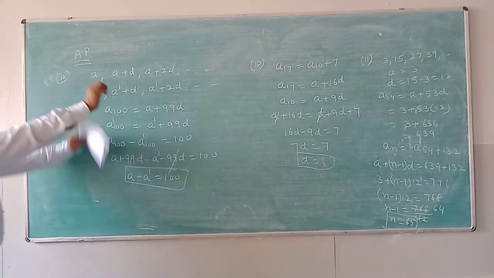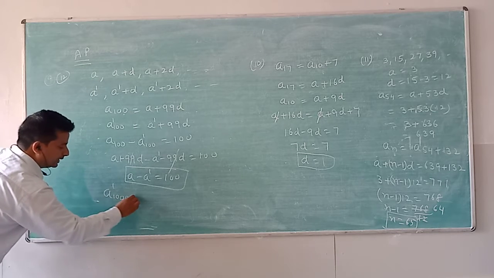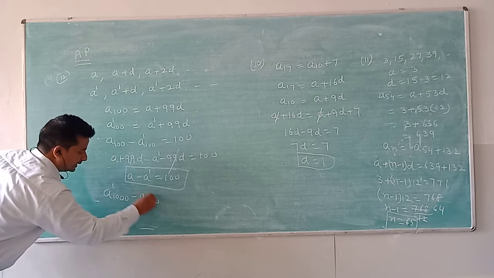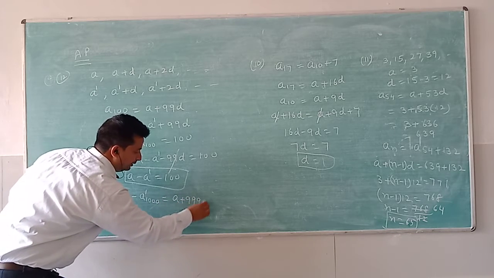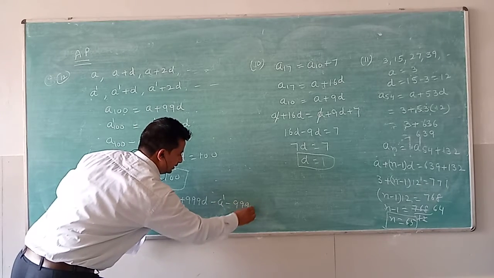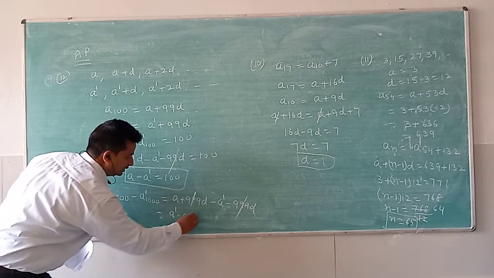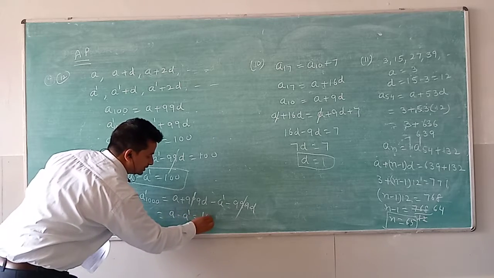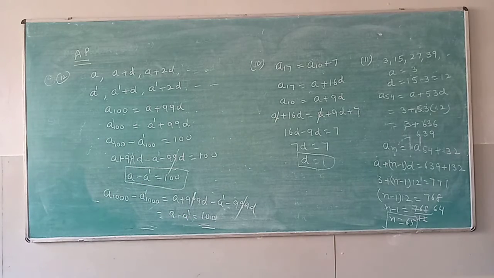We are required to find the difference between their 1000th terms. a1000 minus a1000 dash is a plus 999d minus a dash minus 999d. This cancels out, so this is a minus a dash, which is equal to 100. So the difference between their 1000th terms is also 100.